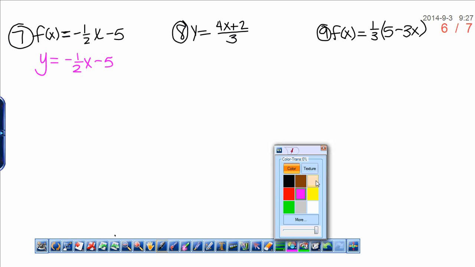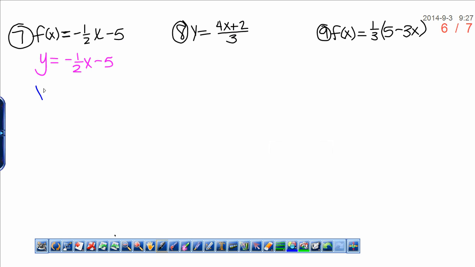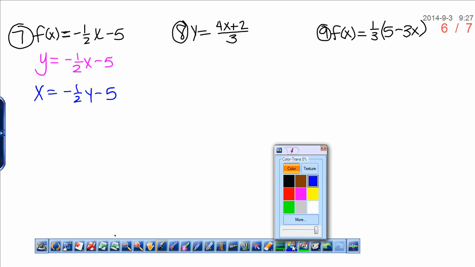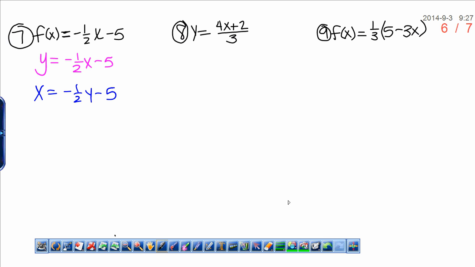What do I do then? So x equals negative 1/2 y minus 5. Okay, now to solve for y. So x plus 5 equals negative 1/2 y. What would I do next?